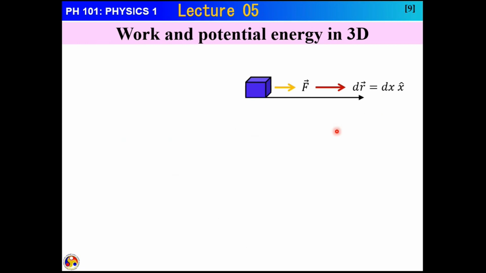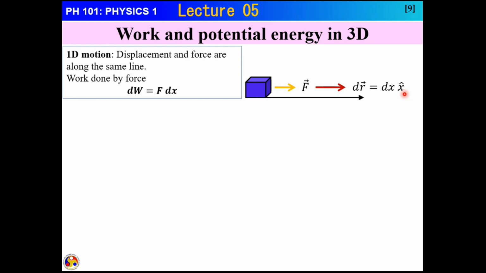What is the relation between work and potential energy? Let's talk about this. What is work? You have one object and we apply a force in this direction, and there is displacement in the same direction. This is 1D motion; the displacement and force are along the same line.